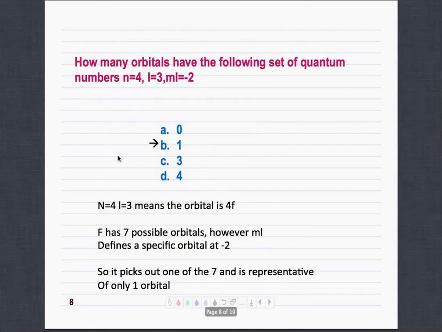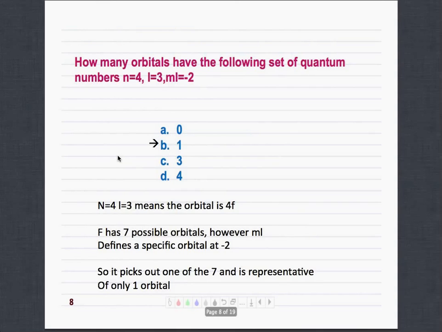How many orbitals have n equals 4? It is the fourth shell, it is an F subshell, and it has an ML orientation of -2. Only one. Because the others are ML equals -3, -1, 0, 1, 2, and 3.